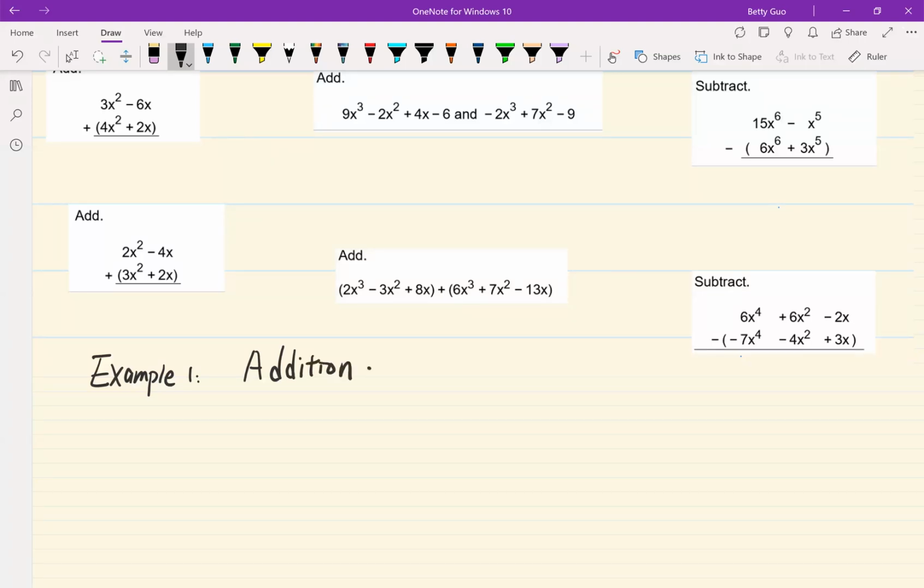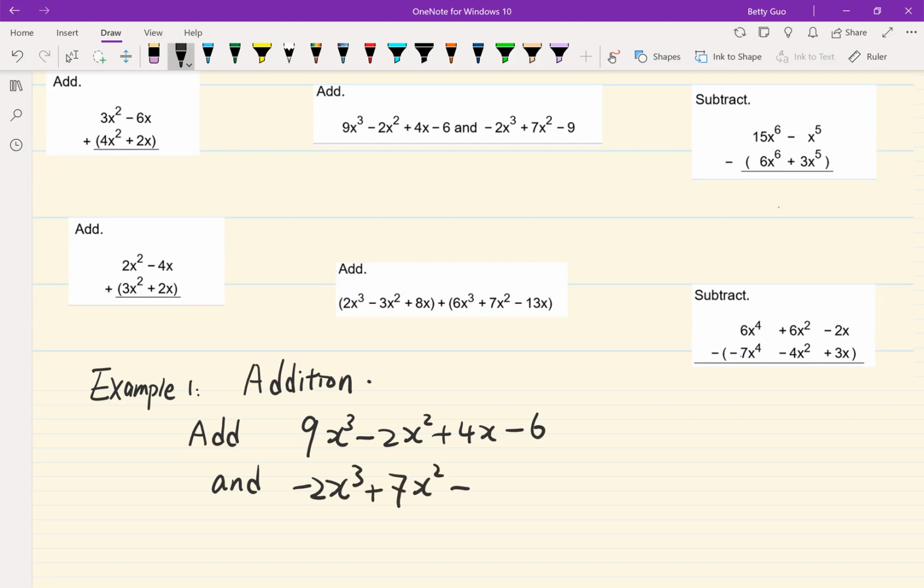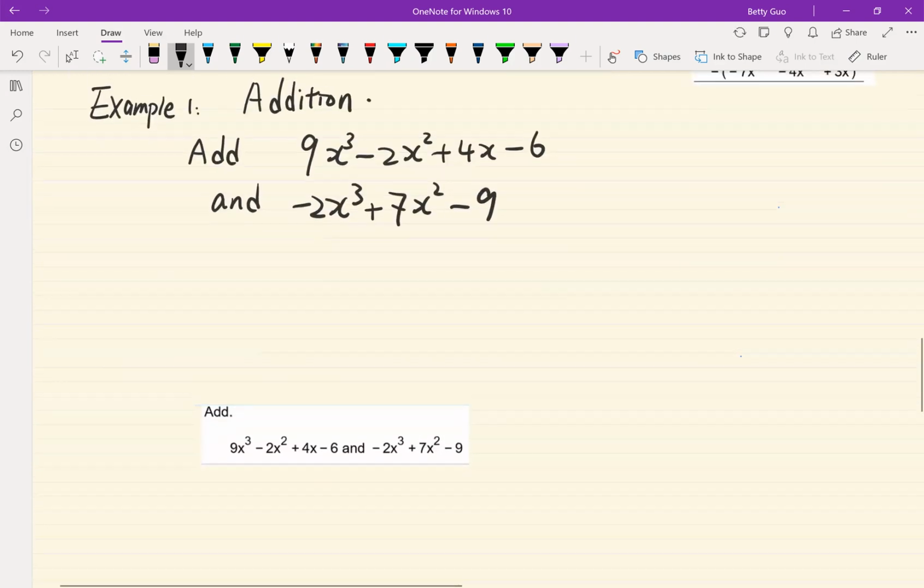Let's see how we add. We're going to add 9x cubed minus 2x squared plus 4x minus 6 and -2x cubed plus 7x squared minus 9.